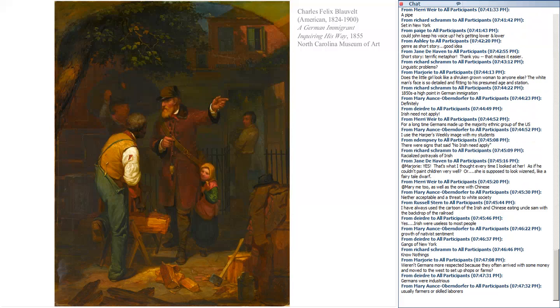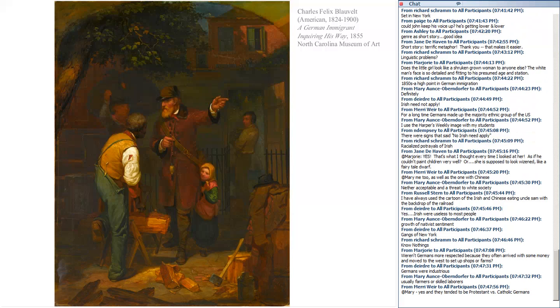You can go into streets in Lower Manhattan and not hear English. There's a lot of communal violence between the Irish, the Germans, the Native Americans, the African Americans. It's gangs of New York, basically. And so what do you make of this painting now?